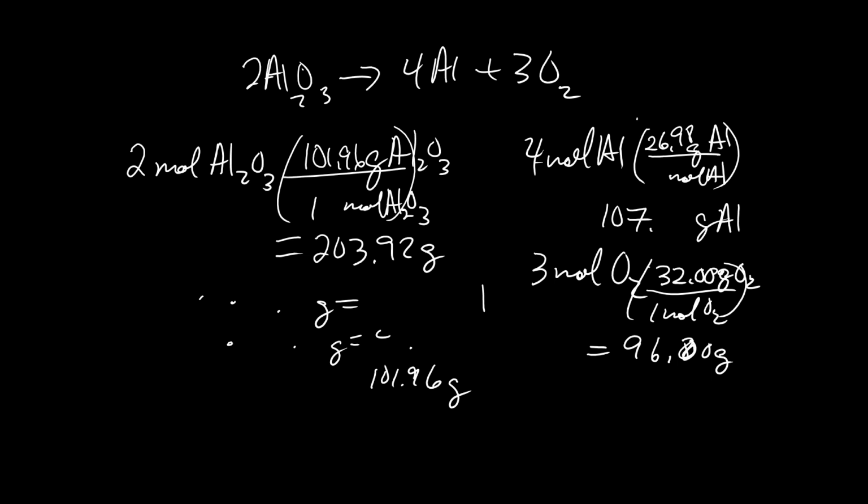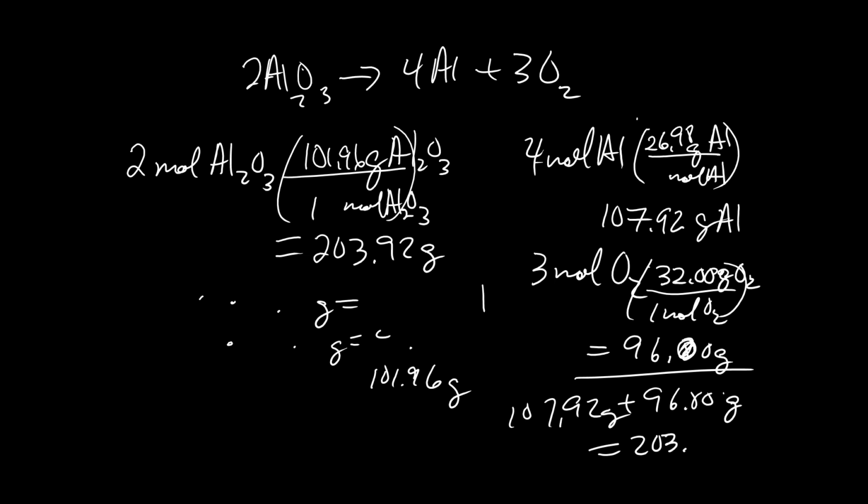Try to do it in my head. 27 times 4 is 108 minus 0.08. So if I add those up, 107.92 grams plus 96.00 grams, I get 203.92 grams, which is the same as my reactant work. And it's going to work every time.